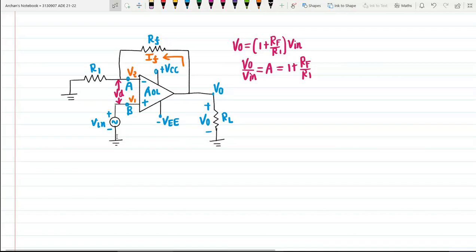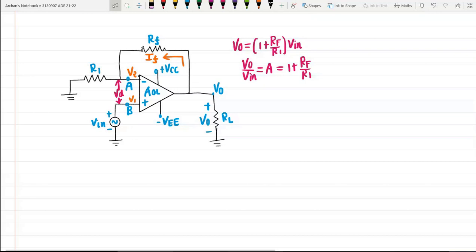Now talking about the operation of this circuit, see, op-amp always amplifies the difference input voltage VD, and this difference voltage is the difference between the voltages V in and VF. Okay, where what is VF? VF is the feedback voltage.